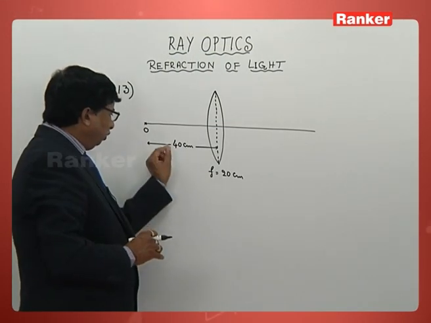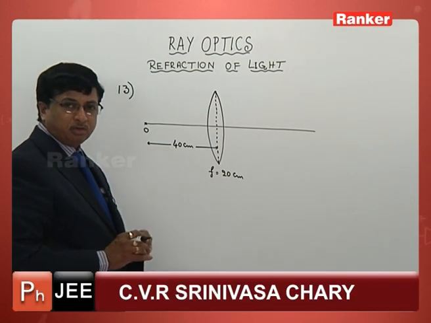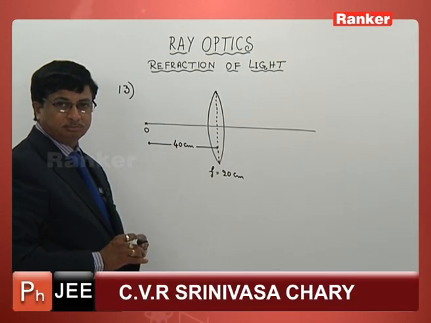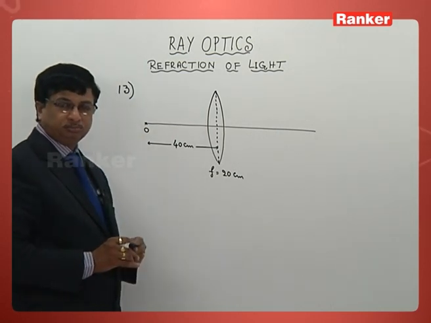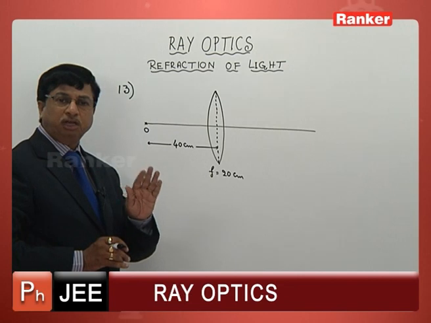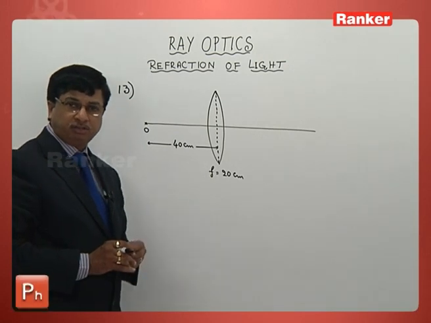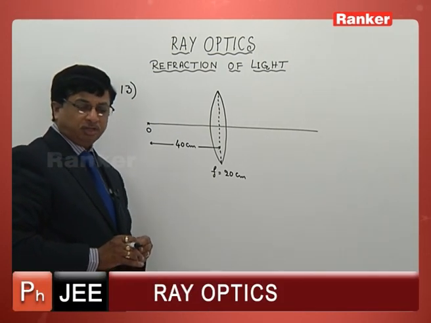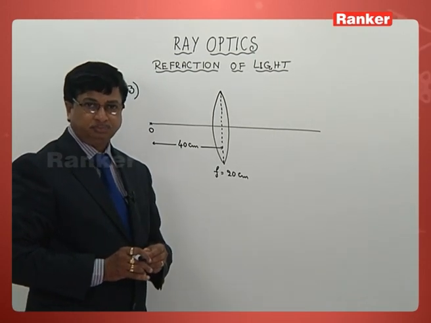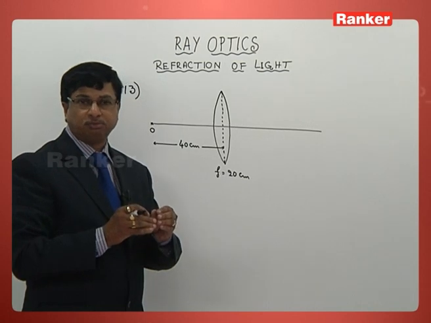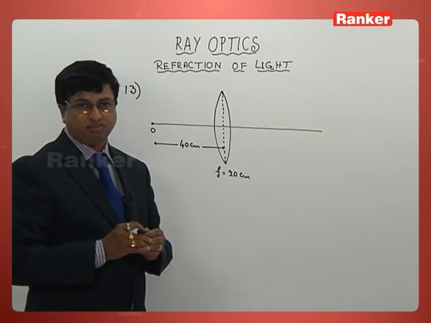So the moment you look at these two values, immediately you can come to a conclusion. That object is placed at the center of curvature. Then surely the image also is going to be formed at center of curvature only. The image size and object size both are going to be equal numerically. So these points one has to get to mind first of all.